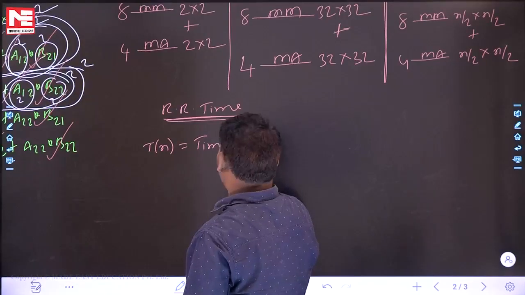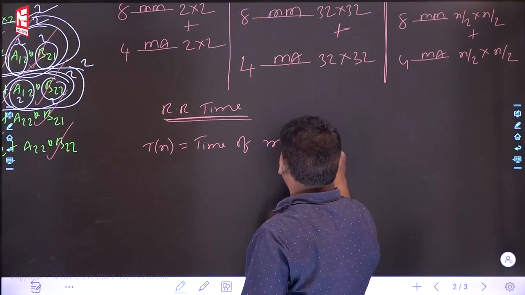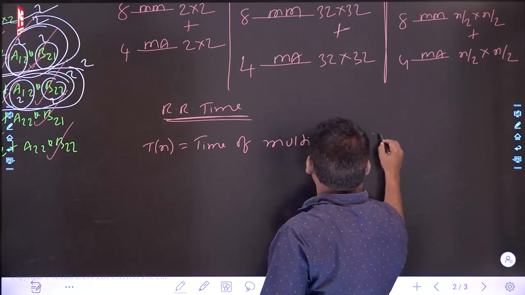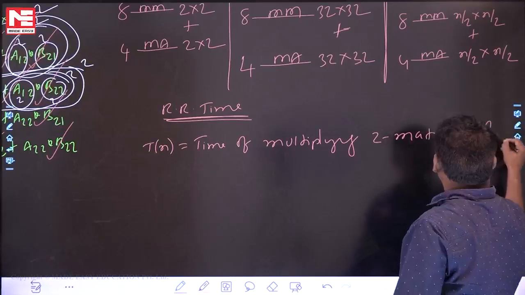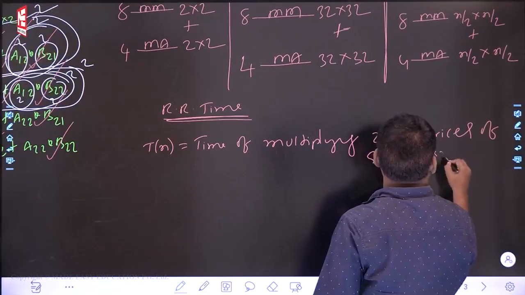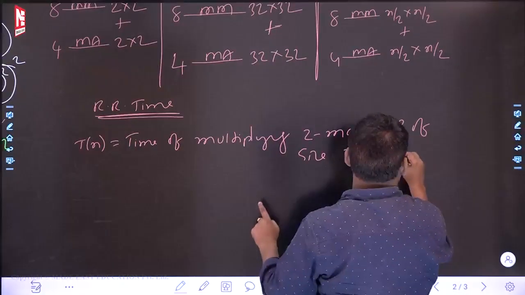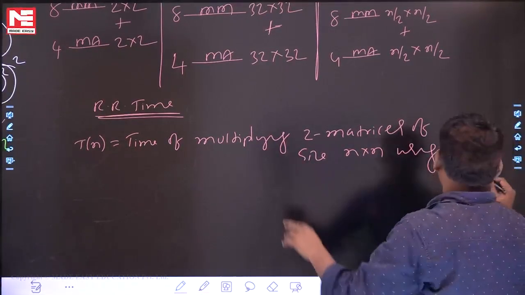the time of multiplying 2 matrices of size n by n using the divide and conquer algorithm.